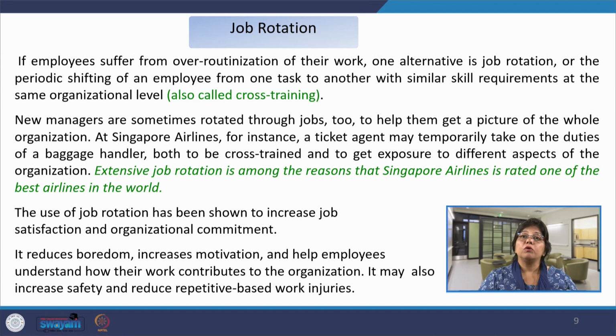So, it reduces boredom and monotony, increases motivation, helps employees understand the work and contribute to the organization, and it may also increase safety and reduce repetitive work injuries, because sometimes when you are engaged in routine work, we tend to lose track and can experience some kind of injuries. In that way, job rotation is an effective strategy for job redesigning.